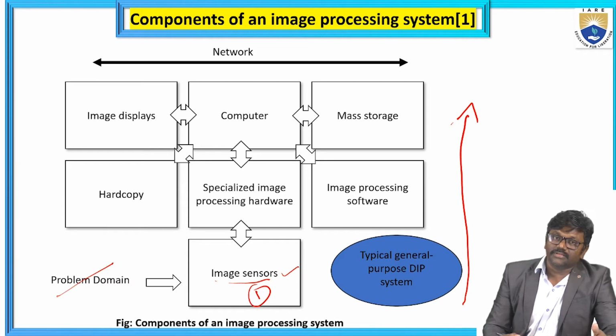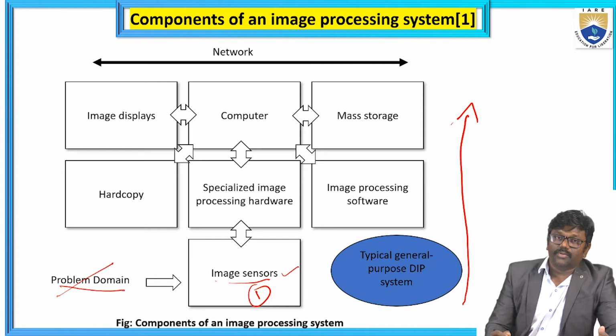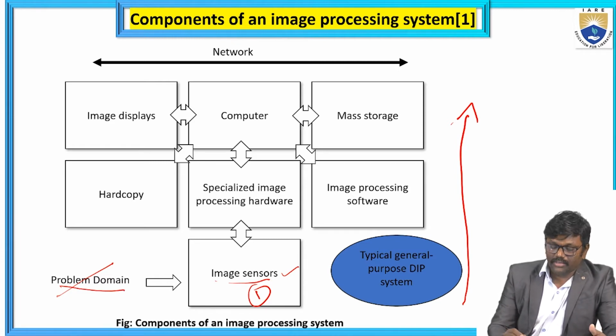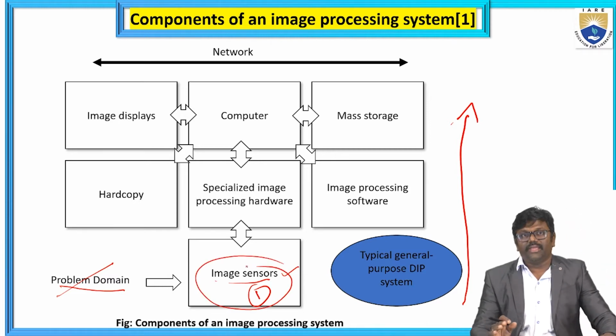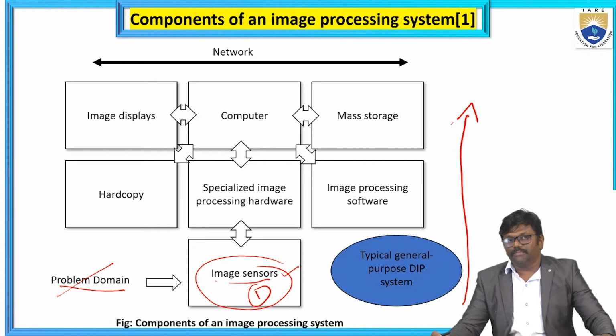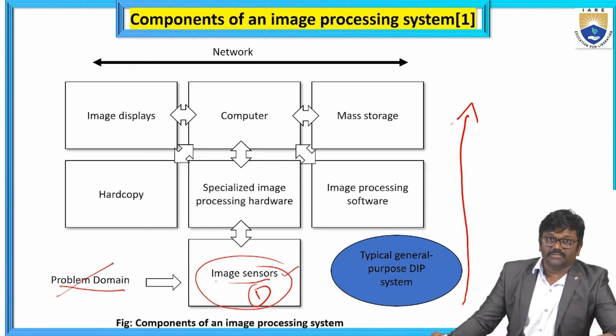That means digital image processing is more suitable for providing industrial problem solutions. So we take the problem domain as input to the component named image sensors. I'm not defining here what image sensor means, but we are going to understand digital image sensors later on.